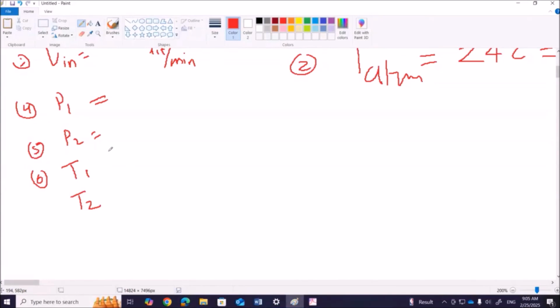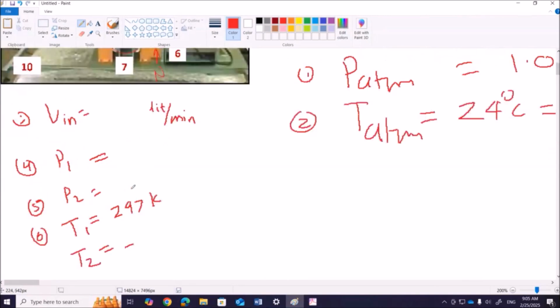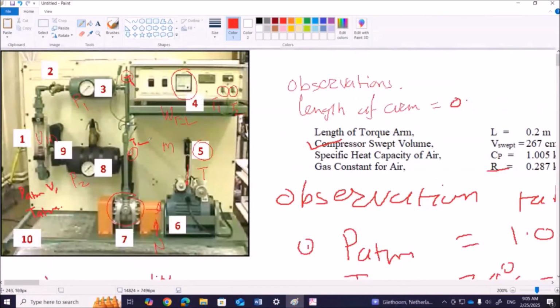T1 stays the same, there is no change, so it is 297 Kelvin. I need to measure T2, or it may change after some time as the room becomes hot, changing by 0.5 degrees, so no worry. T2 we need to measure.